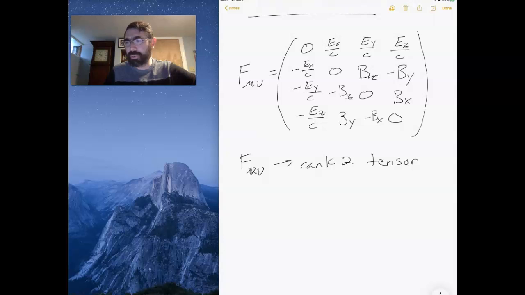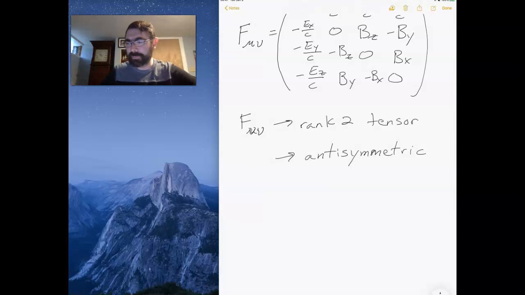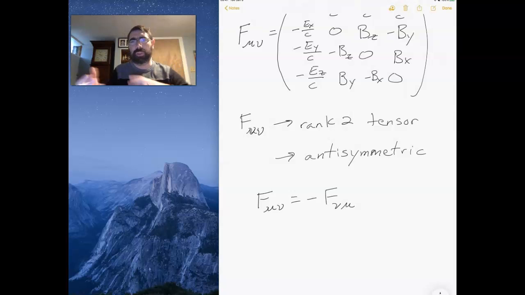And what you'll notice now with the way that we've placed the minus signs is that it's an antisymmetric tensor. So what does that mean? Well, if I take the transpose of it, I would get minus F nu mu. So if I exchange columns and rows, I would have to put a minus sign in front of it. So that's what makes it an antisymmetric rank 2 tensor.